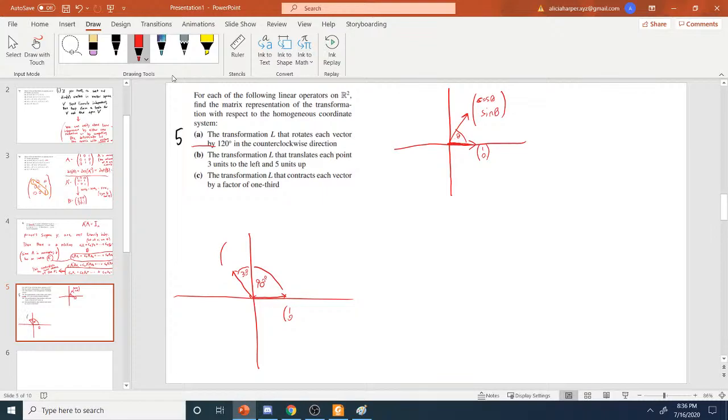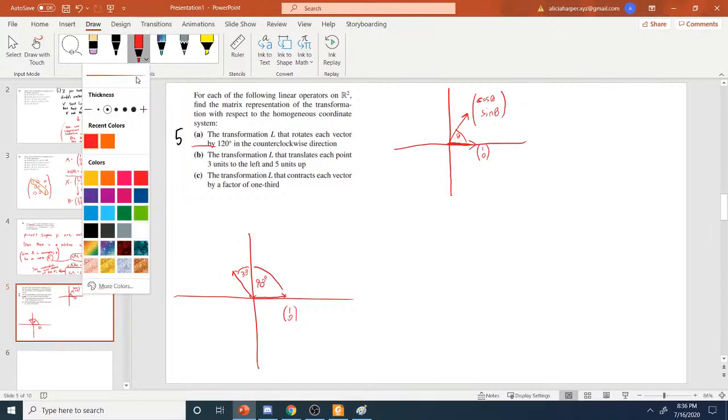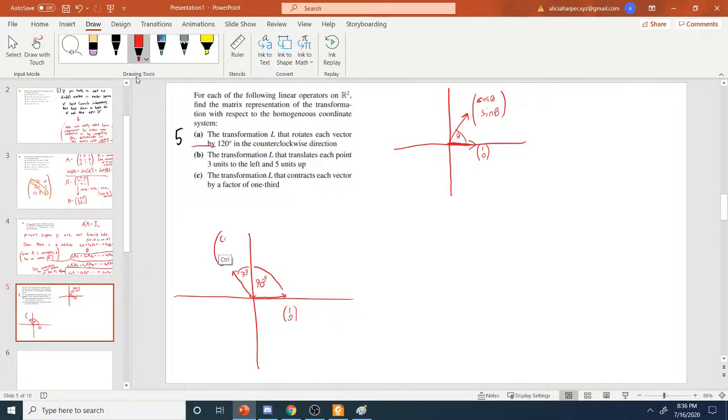What I want to do is figure out what vector I put here. So this is going to be cosine of 120 degrees and sine of 120 degrees.